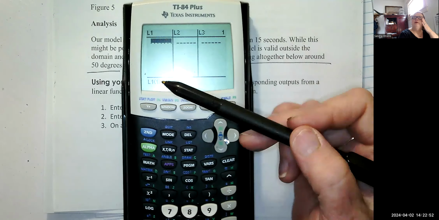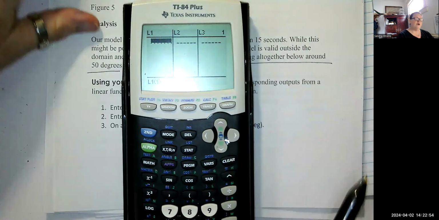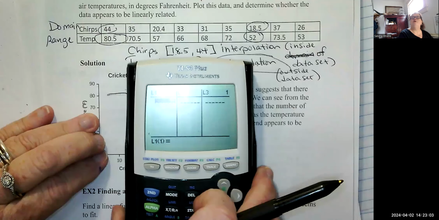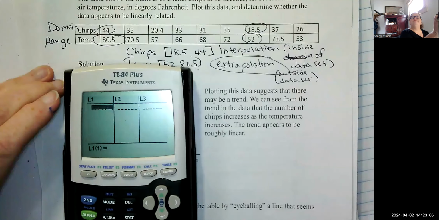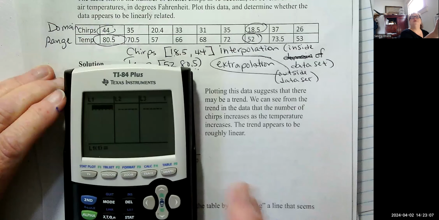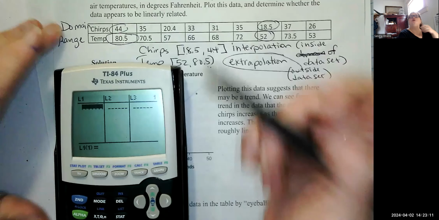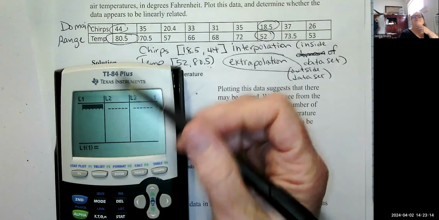So we're just going to go through and input the data for the L1 and L2. I'm not going to make you sit here and watch me do that. I'm going to pause the video, but I do want to show you so you can do the same thing along with me. So what you're going to do is put in L1, the chirps.